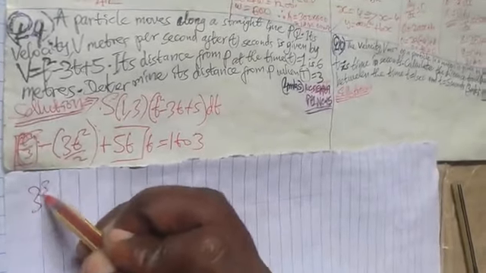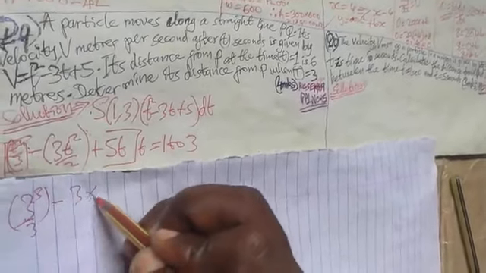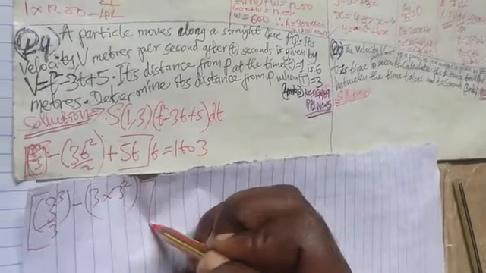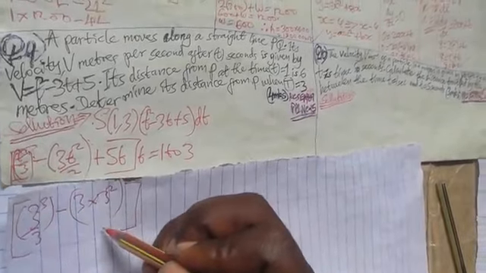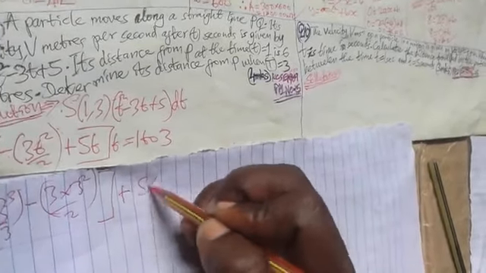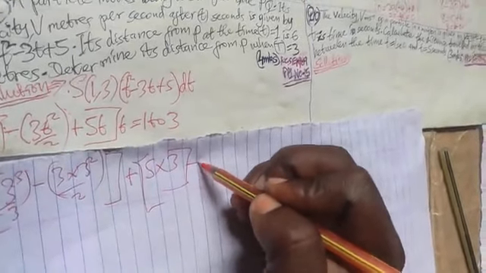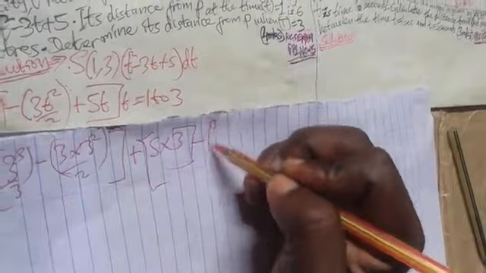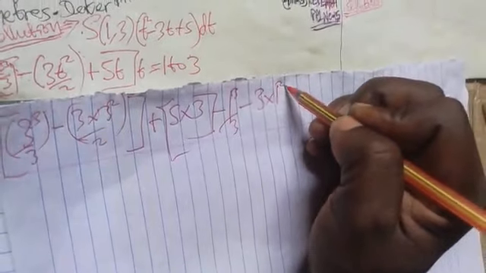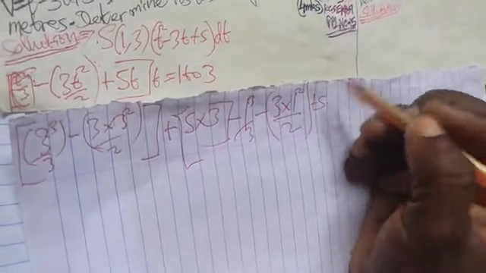3 power 3 over 3 minus 3 times 3 squared, all in brackets, over 2, plus 5 times 3, minus, because we are integrating, 1 power 3 over 3 minus 3 times 1 squared over 2, plus 5.